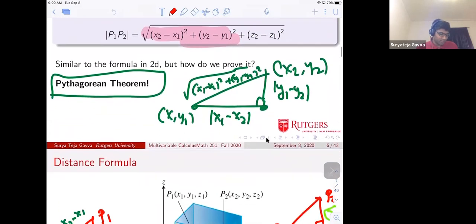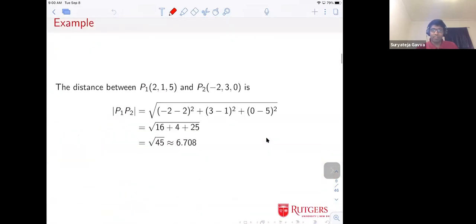Let's see an example of how we will use these things. If you have the points (2, 1, 5) and (-2, 3, 0), what will be the distance? You subtract the coordinates and take the sums of the squares.